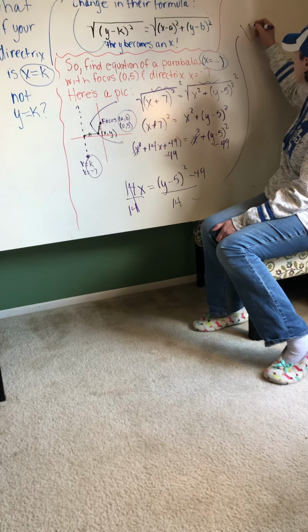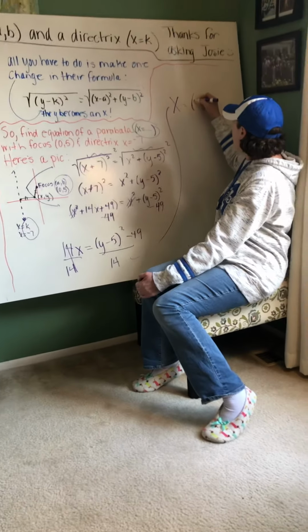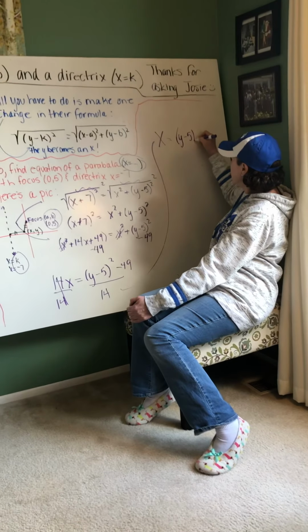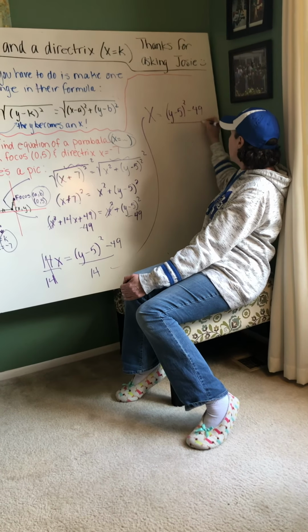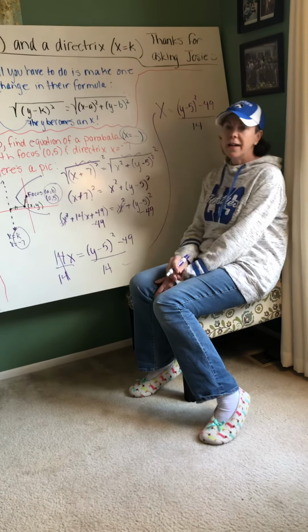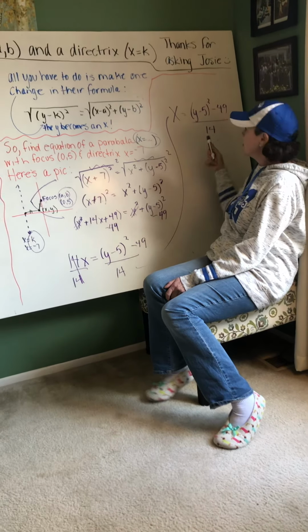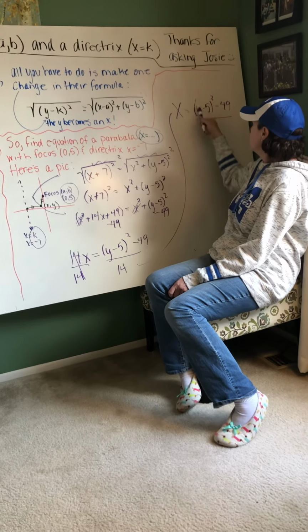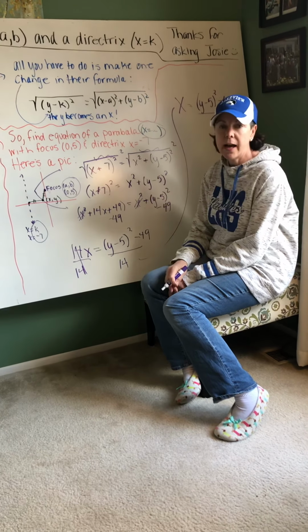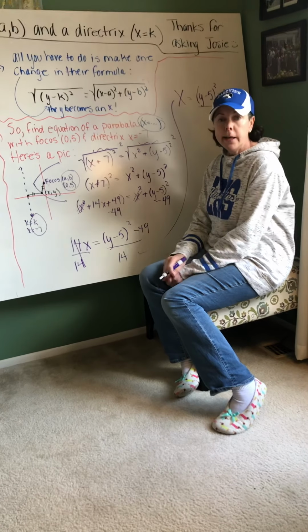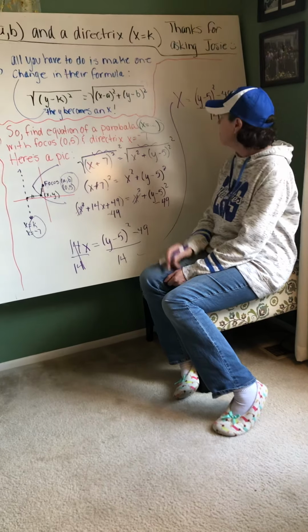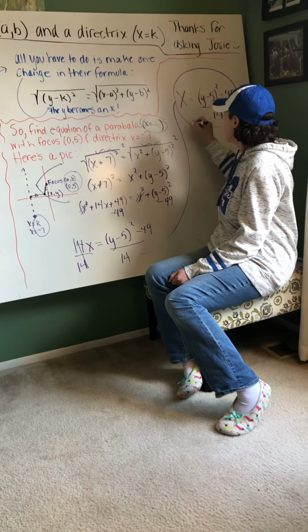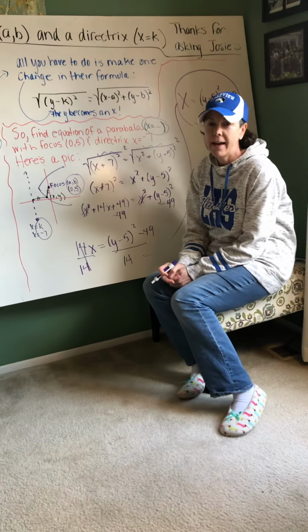And we get x equals y minus 5 squared minus 49, all over 14. Again, you're welcome to split it into two pieces. You are welcome to multiply out y minus 5 squared correctly and have that answer. Khan Academy should accept both, but why do extra work if you don't have to?